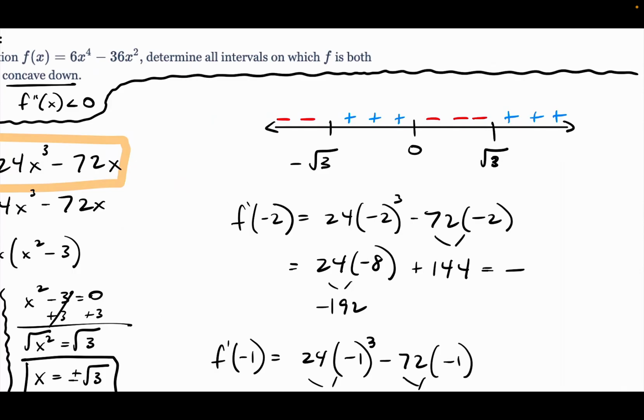And then I had minus, plus, minus, plus.